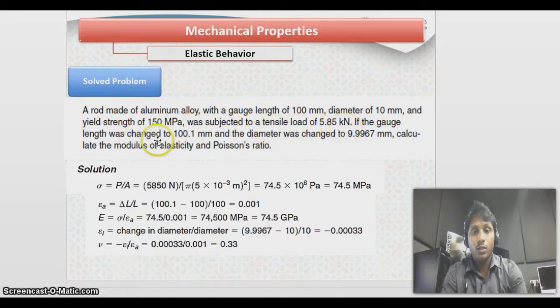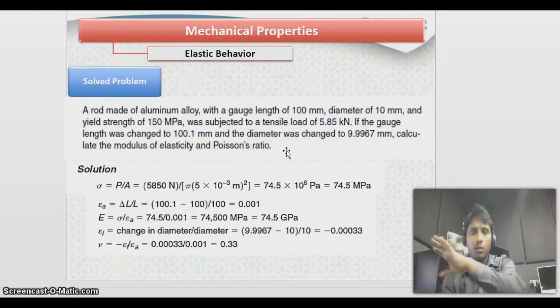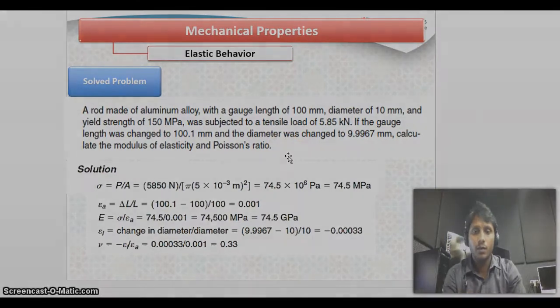When the tensile load was applied on the rod, obviously the length increased, the material is elongated. The gauge length was changed to 100.1 mm and the diameter was changed to 9.9967 mm. So calculate the modulus of elasticity and Poisson's ratio. I'll try to explain this problem on the board, so let's catch in another video.